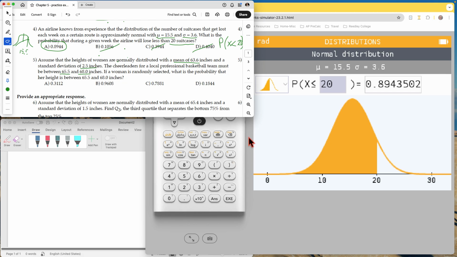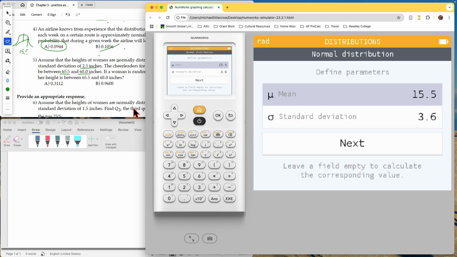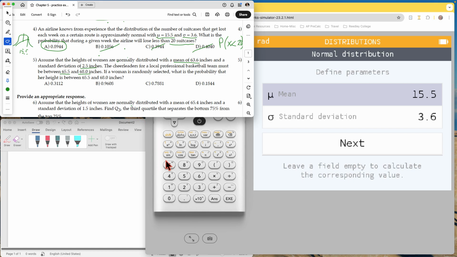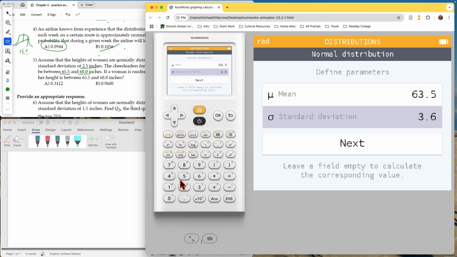so we will go ahead and put this in. Again, we just change our mean and our standard deviation to what they are, 63.5, and then the standard deviation is 2.5 inches.